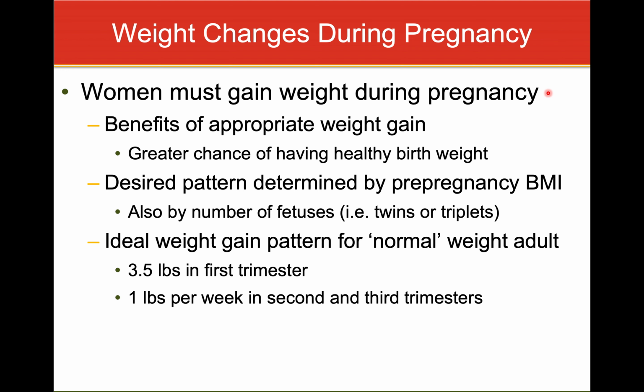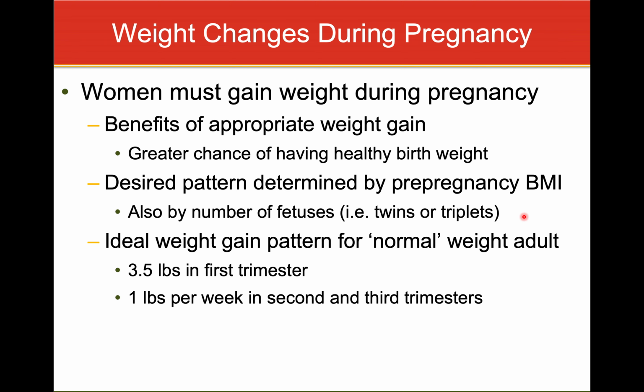Now, we talked about weight gain briefly in one of the slides. Weight gain is a necessary part of pregnancy. Women must gain weight. The benefits of appropriate weight gain include a greater chance of having a healthful birth weight, having a healthful baby. The desired pattern of weight gain is going to be determined by the pre-pregnancy BMI and also by the number of fetuses.